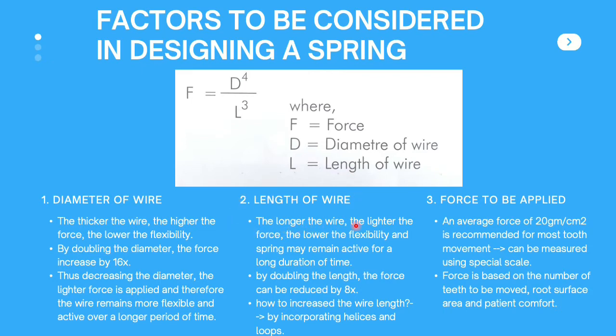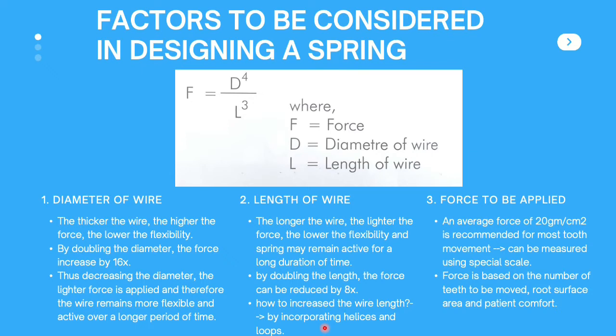The longer the wire, the lighter the force, the greater the flexibility, and the spring may remain active for a long duration of time. By doubling the length, the force can be reduced by 8 times. How to increase the wire length is by incorporating helices and loops. So just recall the Roberts retractor.